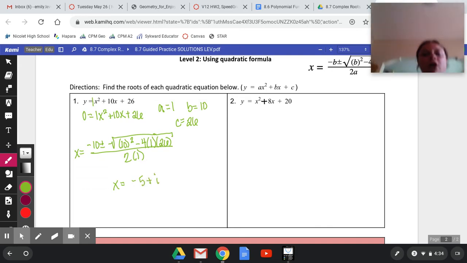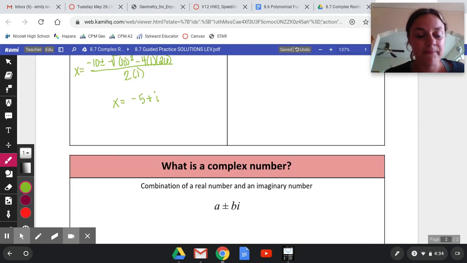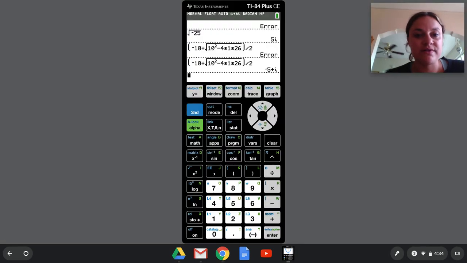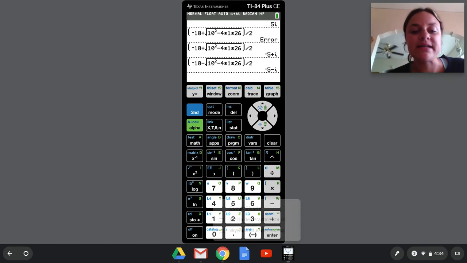This is what we call a complex root. A complex root is a complex number. It's the combination of an imaginary number and a real number. So I'm taking negative 5 and I'm adding i to that. If I do the subtraction part, it's negative 5 minus i.